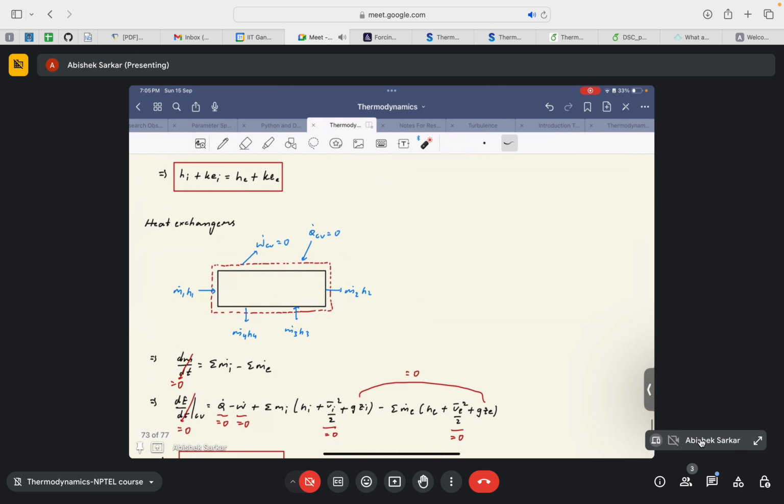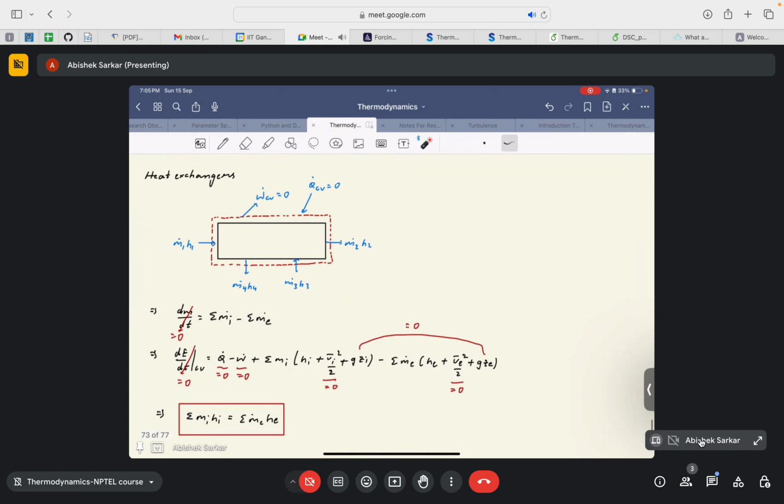And finally we have heat exchangers. Again, this is a very simplified version of the energy equation in the case of heat exchangers. Heat exchangers themselves are a separate subject of study in mechanical engineering, a part of the subject called heat transfer, so they are a very extensive topic of discussion.